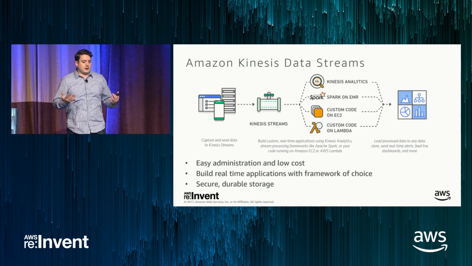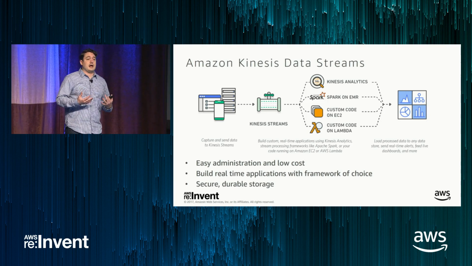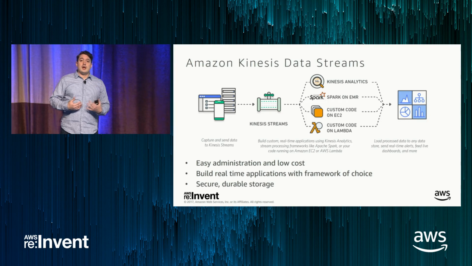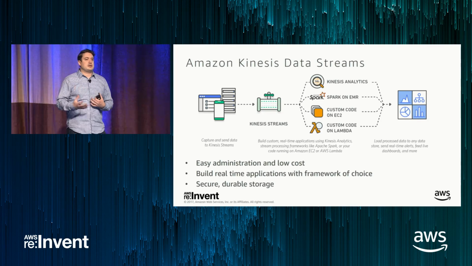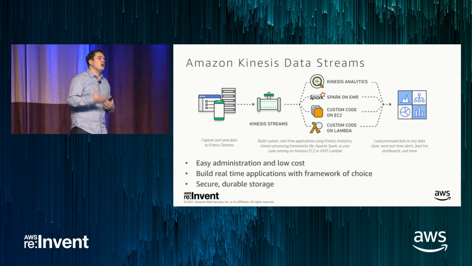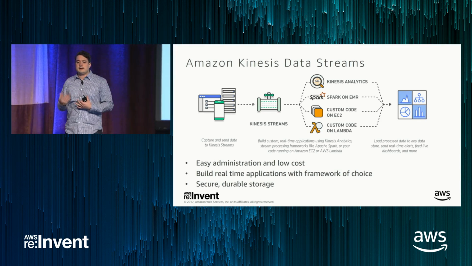In order of popularity, we provide an open source library called the Kinesis Client Library, which allows you to run custom code on EC2. AWS Lambda, an AWS Lambda function allows you to execute a piece of Python, Java, or a number of other languages code in a serverless framework reading directly off of the stream. Very useful for stateless type of processing.